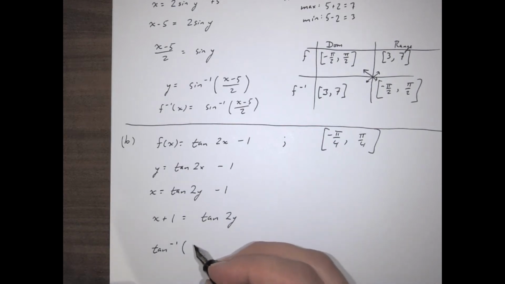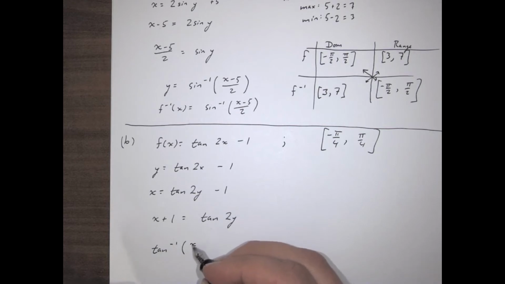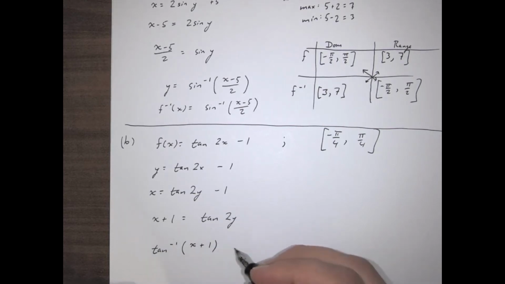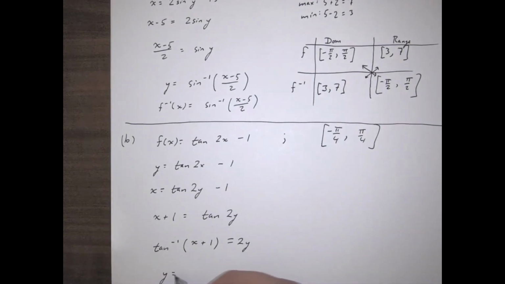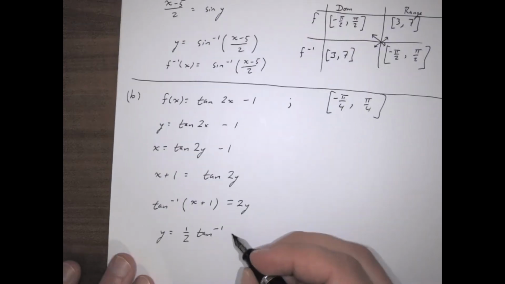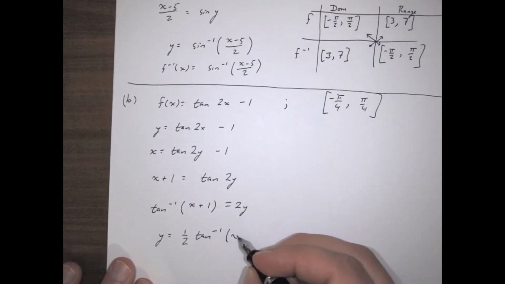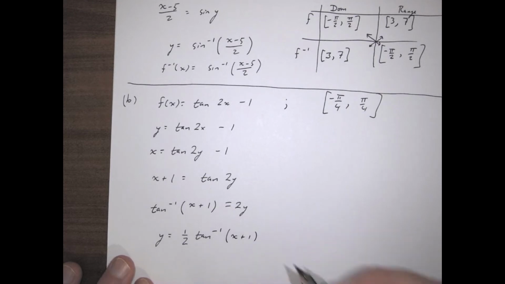So tan inverse of (x plus 1) equals 2y. And then finally that means then that y is equal to, the easiest way of writing this, by the way, might be to make it 1/2. Multiply both sides by 1/2. Easier than making big fractions out of things. And tan inverse of (x plus 1).